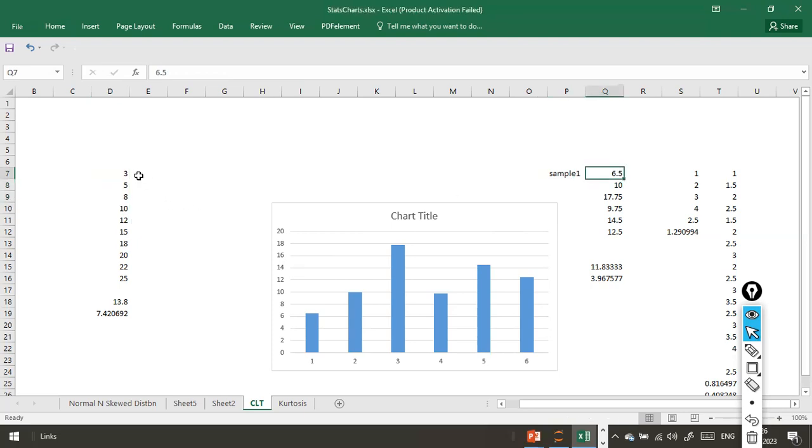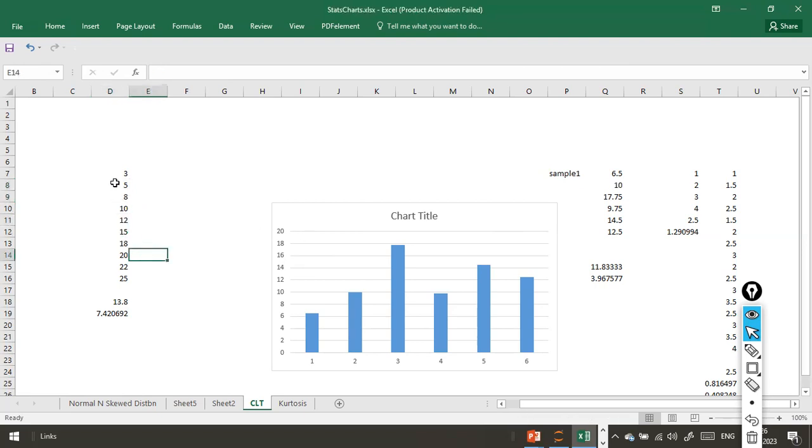That's what I put here. If I draw a first sample, the mean is 6.5. Then I take 5, 8, 12, and 15 in another sample, with replacement. In this case, the average is 10.